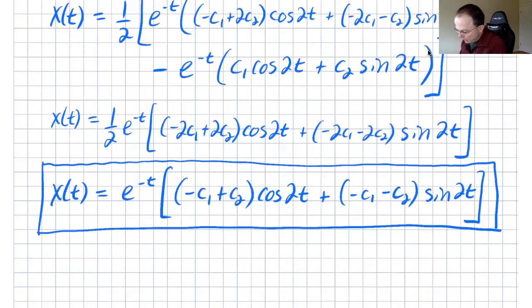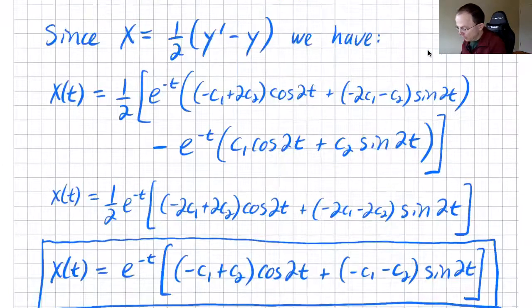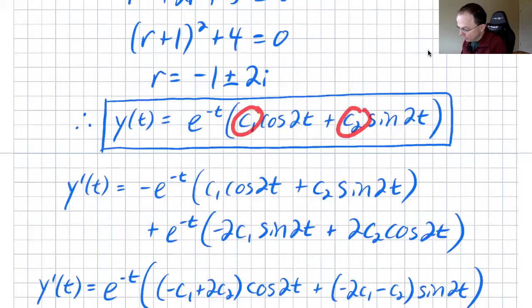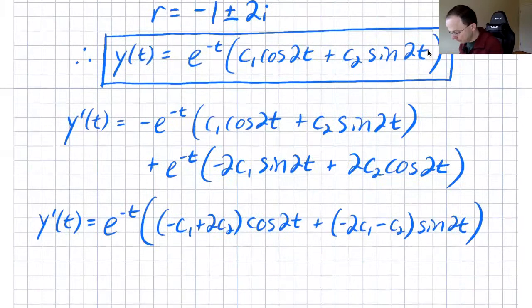We'll get a different looking answer, but it'll be equivalent to this one. If we did x of t first, we would have had c1 cosine 2t plus c2 sine 2t. And then for the y term, we would get something else involving c1 and c2 here, and something involving c1 and c2 here as well.